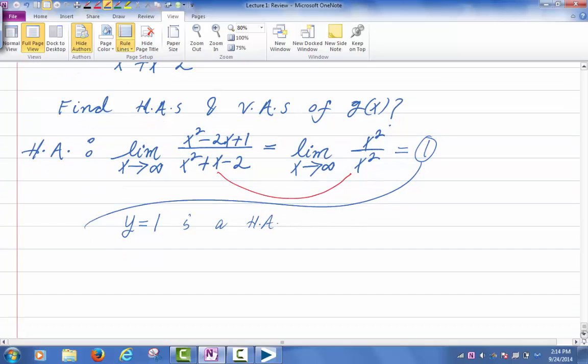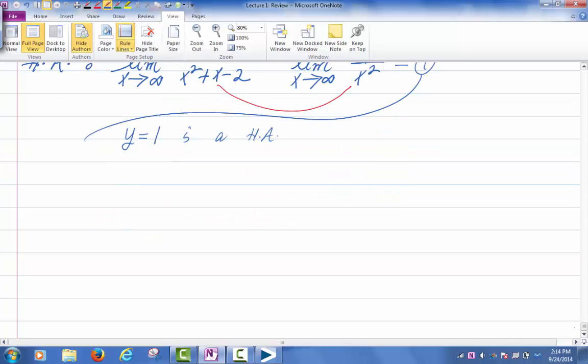And I also have to look at the limit as x goes to negative infinity of this same function, x squared minus 2x plus 1 over x squared plus x minus 2.